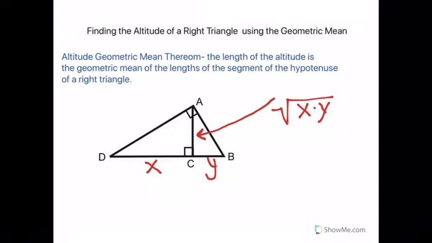Since they're similar to each other, we can write a ratio of x over the altitude, ALT, which again is this middle part right here, equals the altitude over y. Cross multiply.